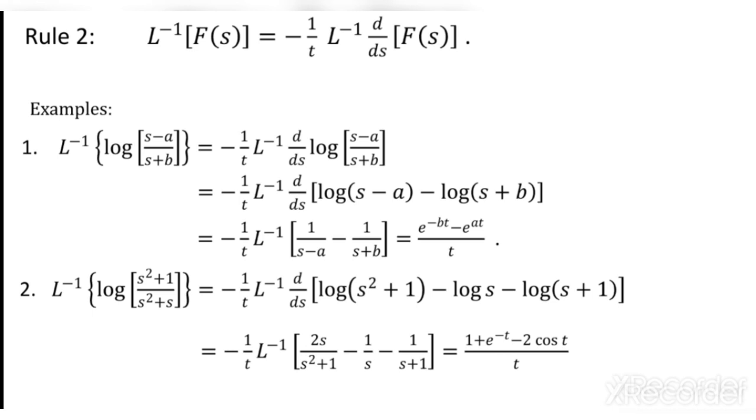So the first term is cos. So I have 2 cos t minus 1 minus e power minus t, because it is a is minus 1 there, 1 over s minus of minus 1. So e power minus, but outside I had minus sign, so I multiply it inside. 1 plus e power minus t minus 2 cos t divided by t. Correct. Okay, so we have taken two problems.